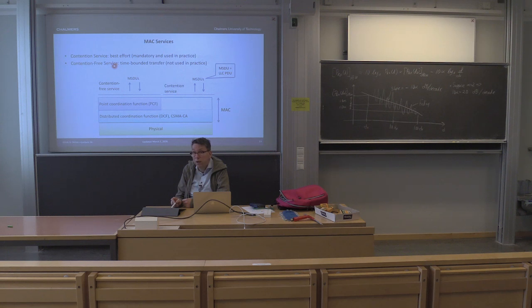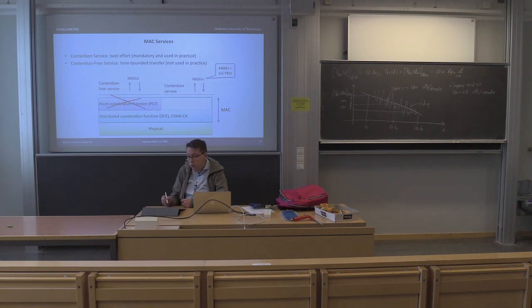So let's forget about that one and just talk about the contention service. But anyways, if one would draw a protocol stack on this, we have the physical layer on the bottom, and then we have this service called the distributed coordination function, DCF. And on top of that there could be something called the point coordination function, and this one is for the contention-free service.